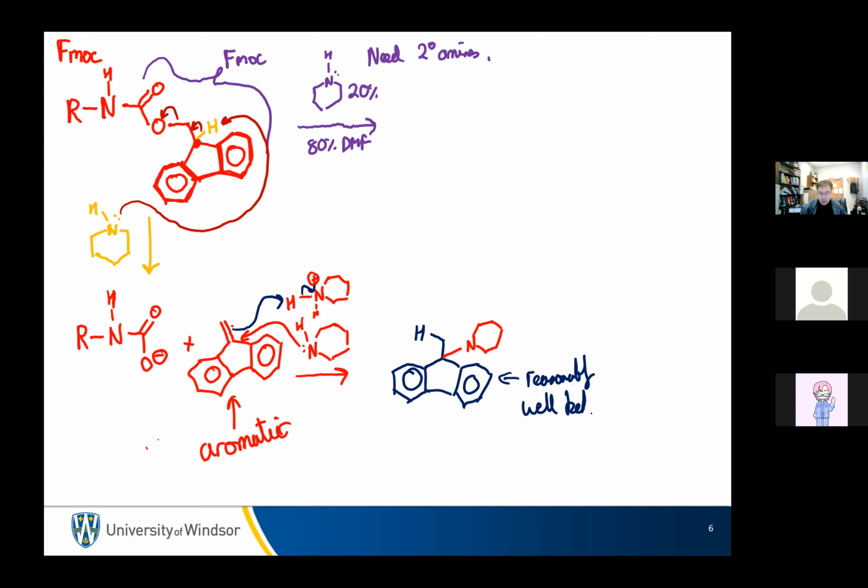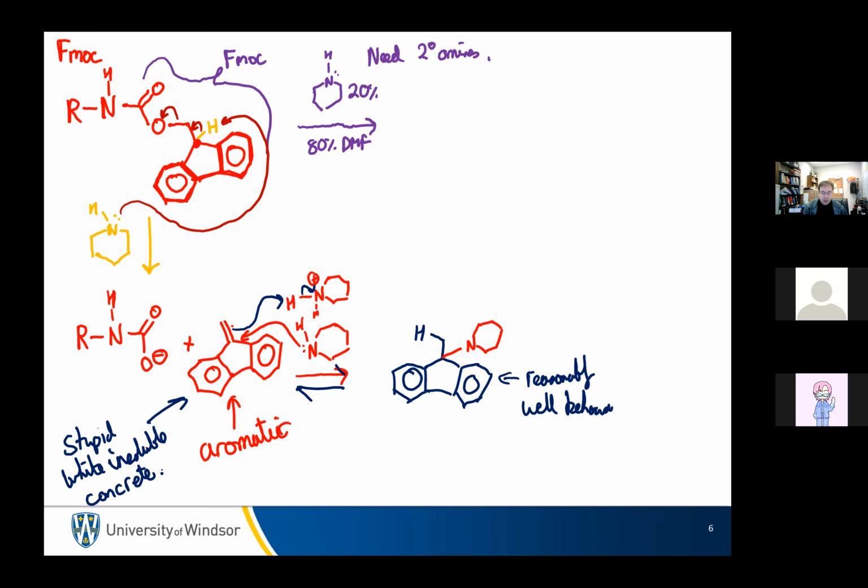The problem is this doesn't always happen, and this is kind of an equilibrium. This stuff forms stupid white insoluble concrete. So these Fmoc plaques, what you'll do is if you do an Fmoc deprotection, you'll get this white precipitate crashing out of the reaction if you try and dry it or purify it any further.